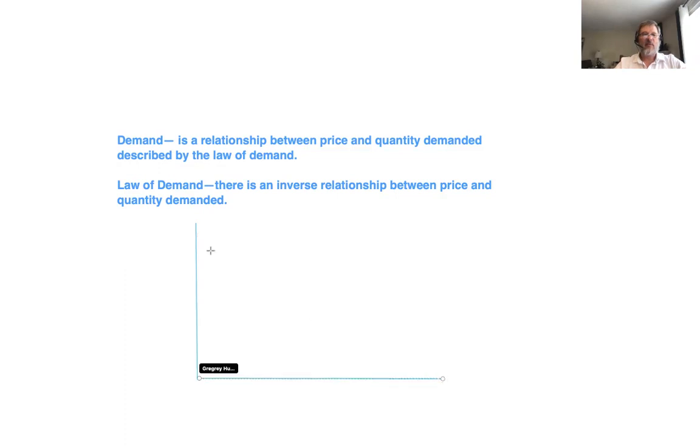Here's our demand curve, and I'll just label it as D. And you guys know that we are measuring dollars for price on the vertical axis, and we're measuring quantity on the horizontal axis.